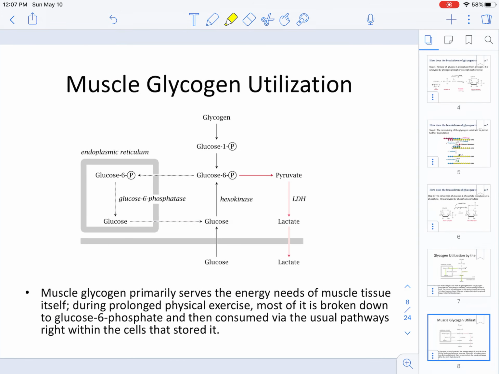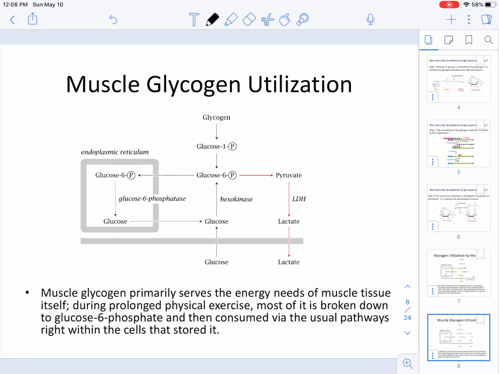Now, when it comes to muscle glycogen utilization, we have a little bit of a different pathway. Muscle glycogen serves primarily the energy needs of the muscle tissue itself.